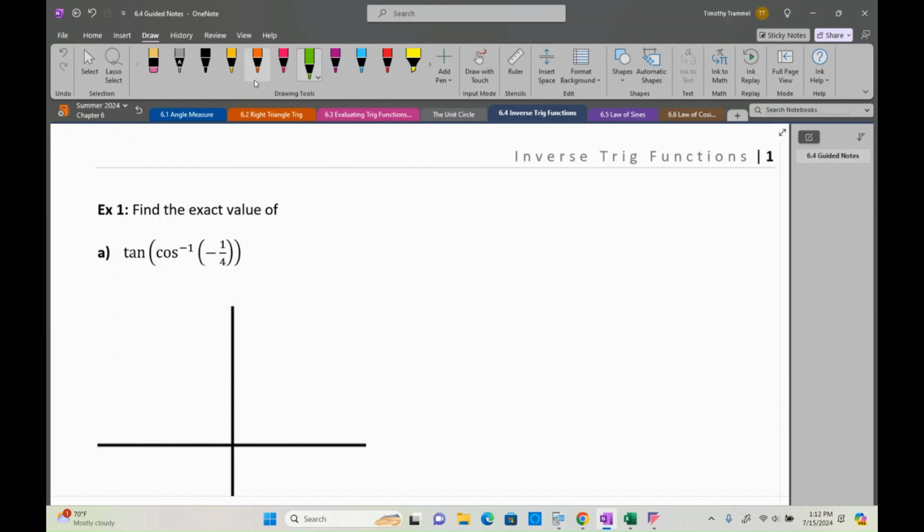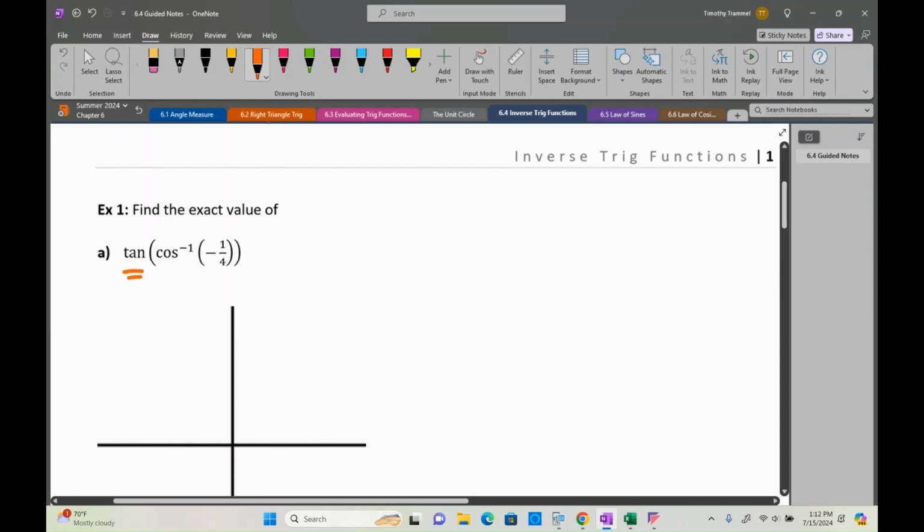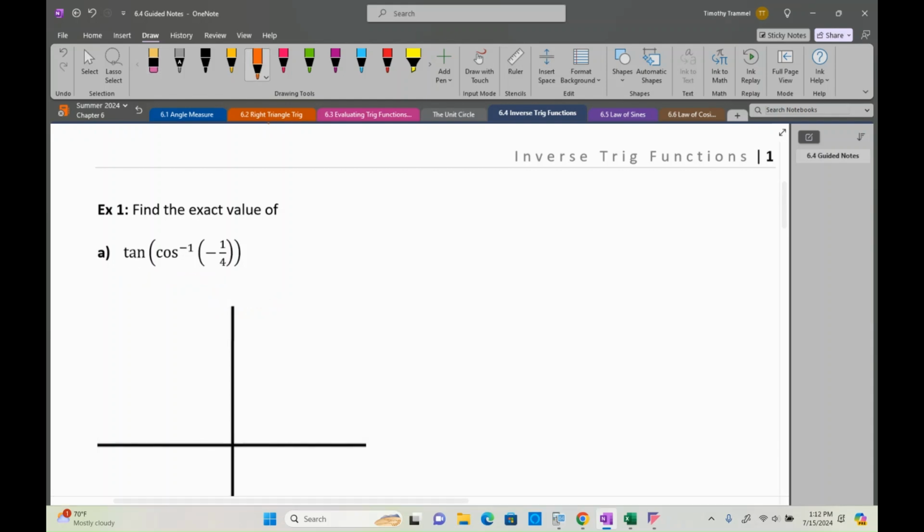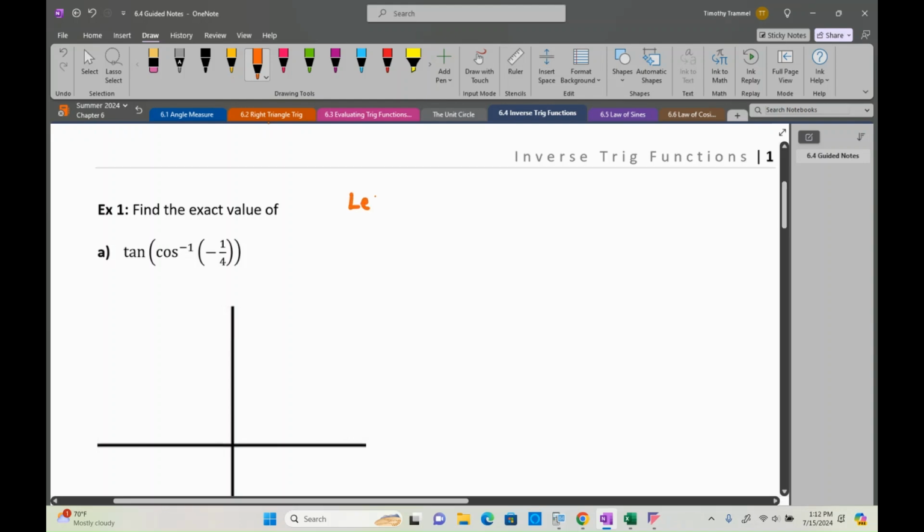Okay, and so we're going to have 4 of these, and what we're going to see is in all of these, you have some trig function with an inverse trig function getting plugged inside of it. And what the trick's always going to be is we're going to let that inverse trig function be equal to some angle.